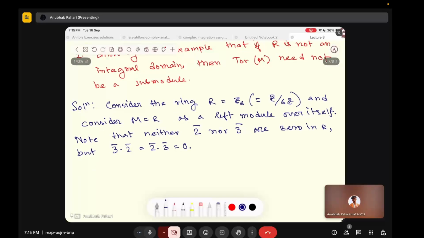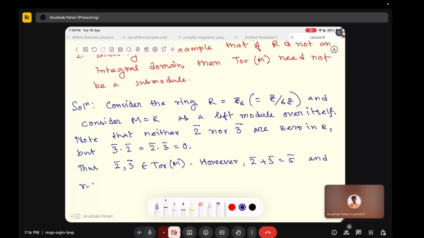Thus we have 2 bar, 3 bar belongs to Tor of M. However, 2 bar plus 3 bar equals 5 bar, and r dot 5 bar equals 0 only if r equals 0. So this is pretty easy, you can check yourself.